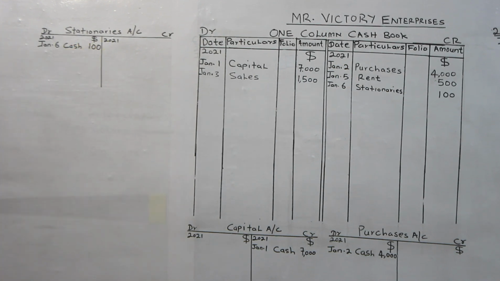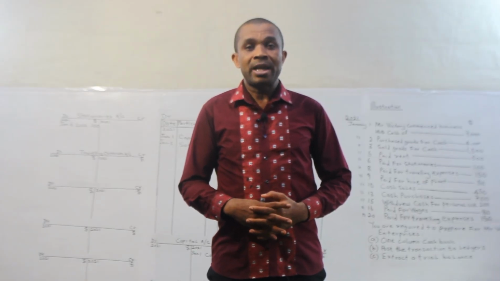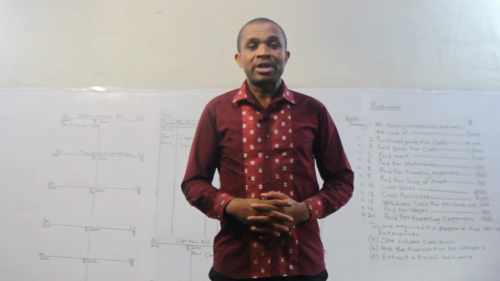So in this transaction, the stationaries account is debited while the cash account is credited with $100 spent in respect of stationaries. On January 8th, paid for traveling expenses $150.